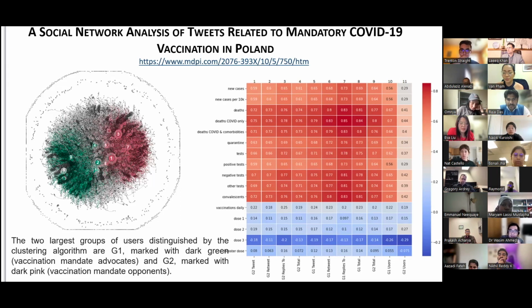And taking the network metrics, they were able to find correlations between what's actually happening on social media, in terms of number of replies in those groups and the number of users within those groups.